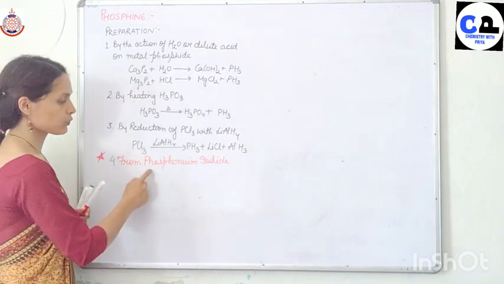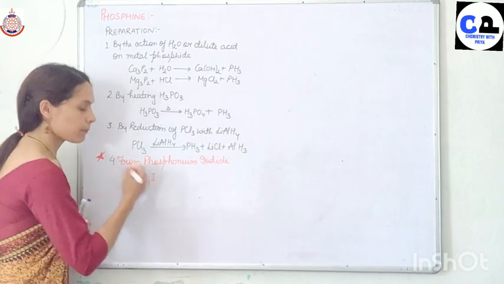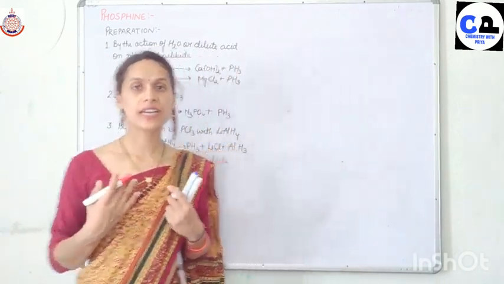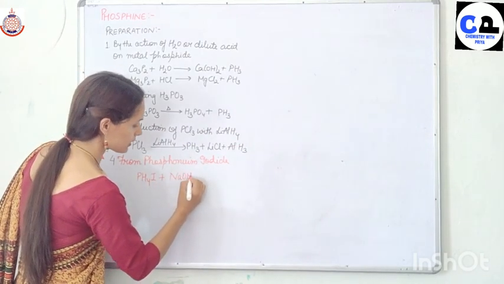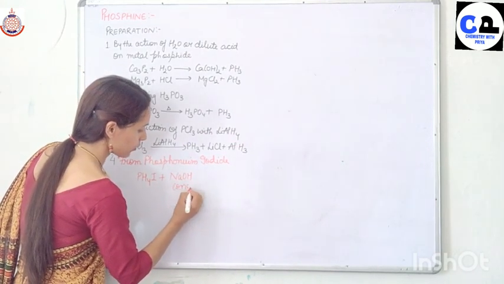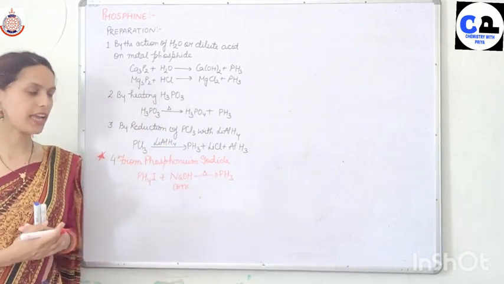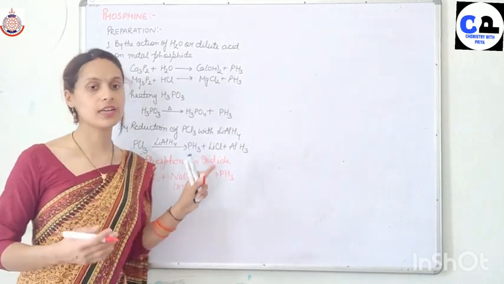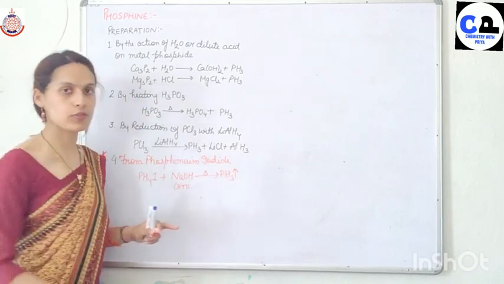Now, what is phosphonium iodide? Phosphonium iodide is PH4I. By heating phosphonium iodide with concentrated NaOH, we get PH3 in the vapor form.